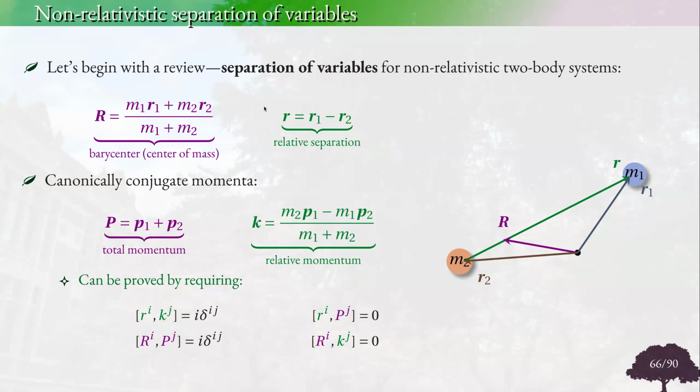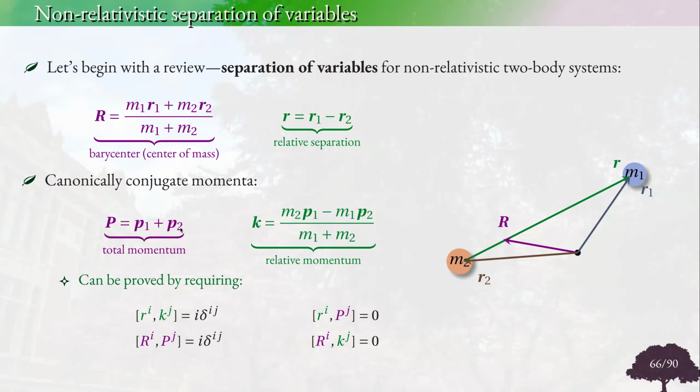And you have a relative separation defined as basically the difference in positions of the two particles. You can derive canonically conjugate momenta for them, the total momentum being conjugate to the center of mass position, and this relative momentum, where you have switched up masses, m2 times p1 minus m1 times p2, as the relative momentum.